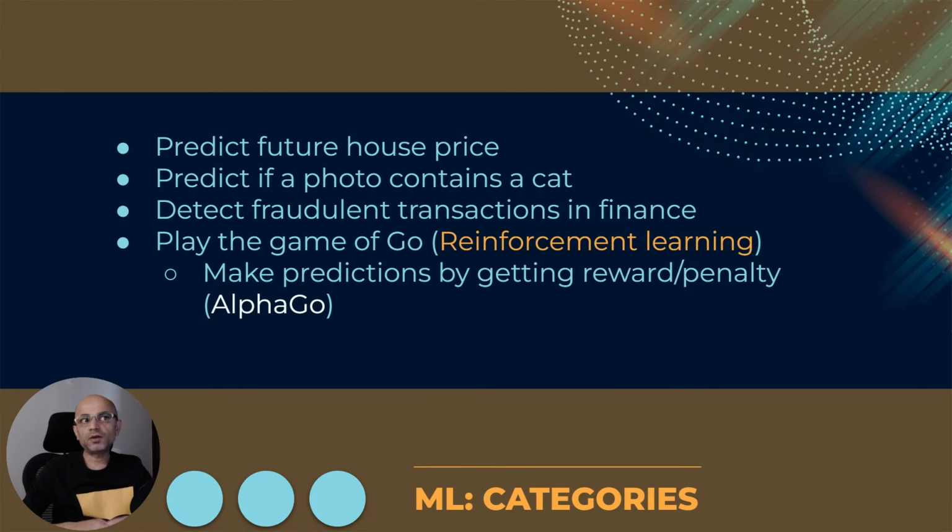AlphaGo indicates one type of ML, which is reinforcement learning. It used this category of ML training, where the predictions result in getting a reward or penalty for the ML model as part of the training.